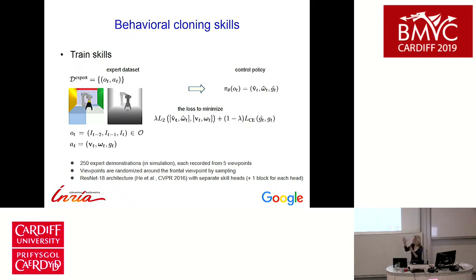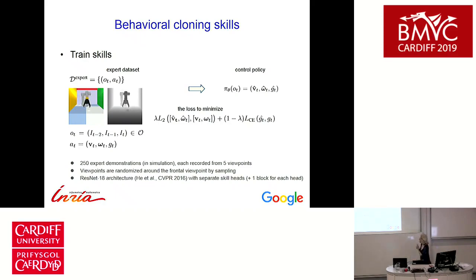And so once you have this training set, what you do then is you train a CNN to take as input these 3 frames, and as output the policy of how to control the robot. Okay? So this would be this pi of o_t. o_t is the input frames, and out comes the control policy, how to control the robot. You use a general L2 loss to minimize this whole system. So this is just a CNN trained end-to-end.